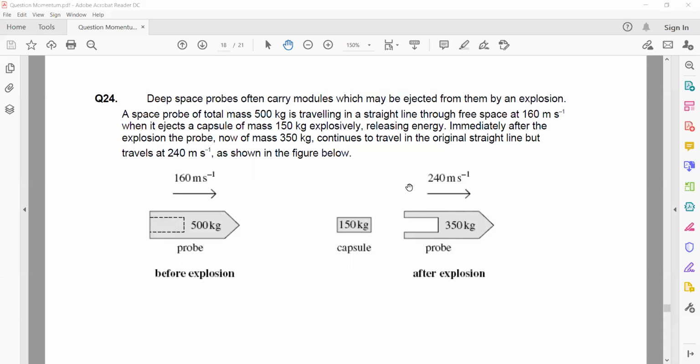It ejects a capsule of mass 150 kilograms explosively, releasing energy. Immediately after the explosion the probe now has a mass of 350 kilograms and continues in the original straight line but travels at 340 meters per second, as shown.